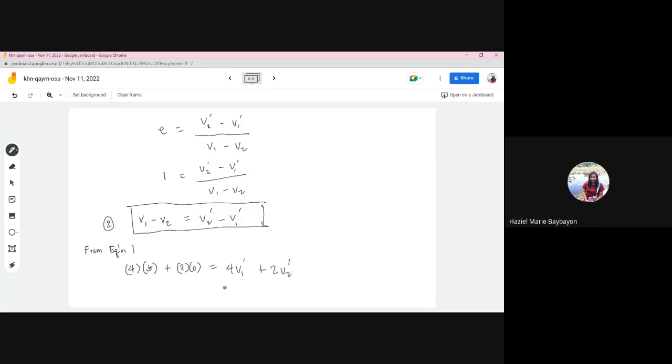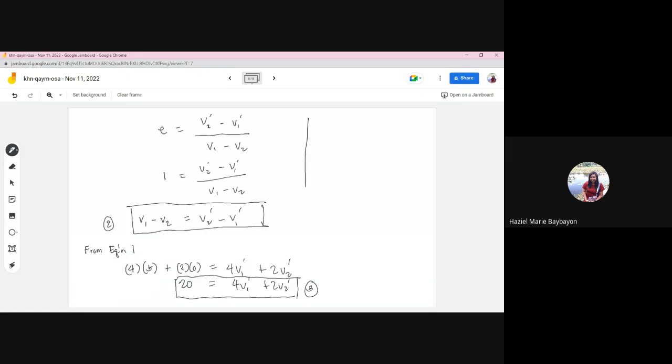Okay? So the first term is 20. So 20 equals 4 V1' plus 2 V2'. Okay, this one we got from the conservation of momentum. We will call this equation 3.